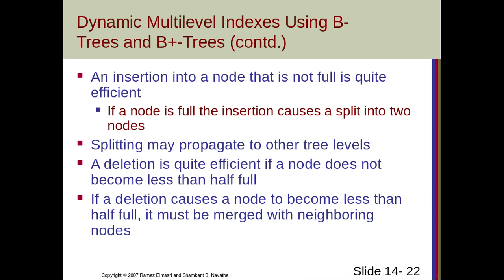Suppose a block can occupy only 2 records, and you want to insert a third record. What will happen? A new block has to be allocated and the pointers have to be adjusted. Splitting may propagate to other tree levels.